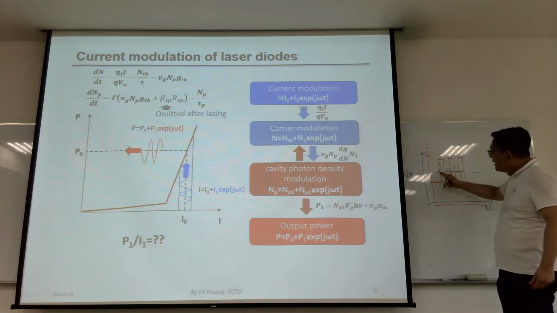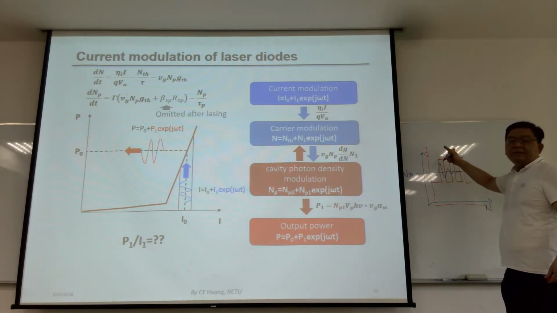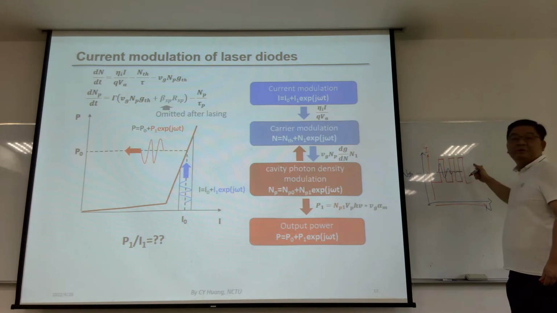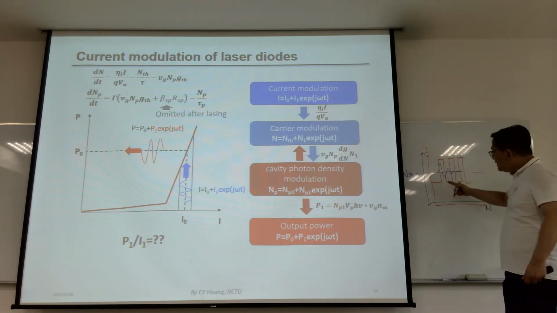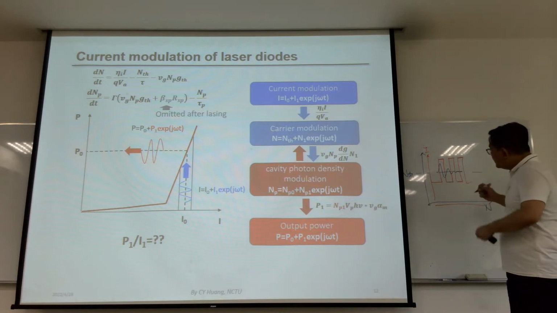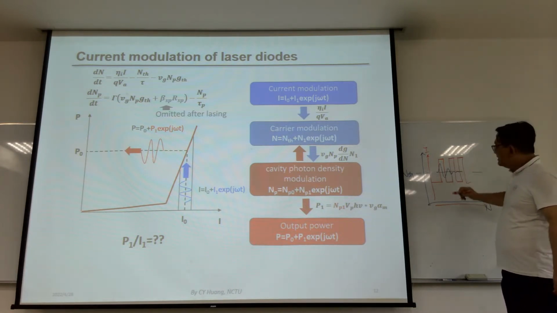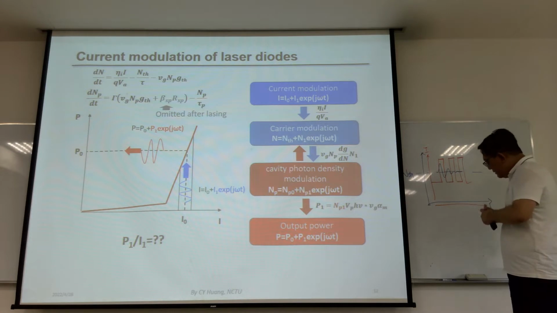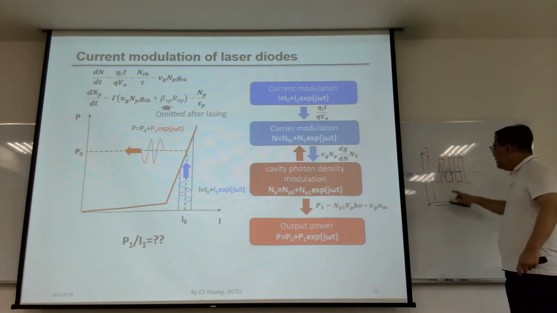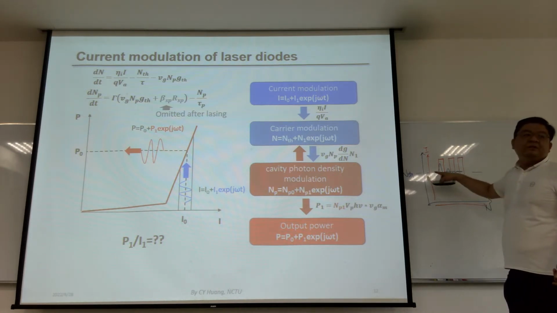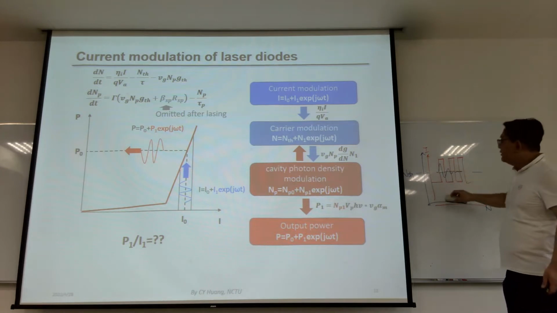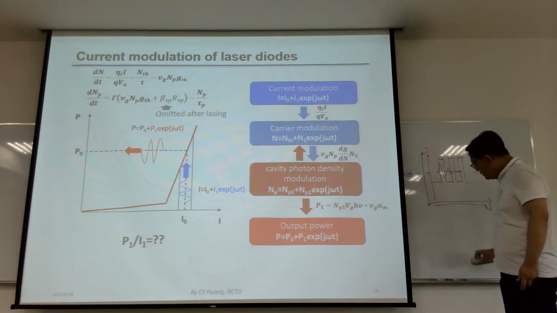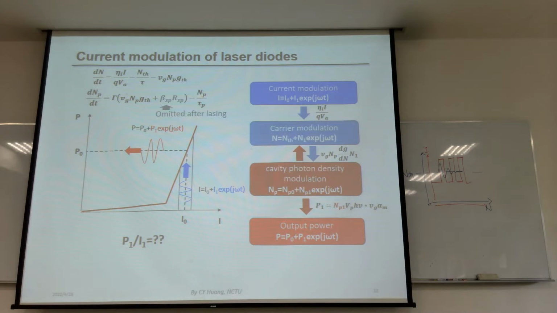So the carrier might turn on at the beginning, but after it reaches equilibrium, it's turned off. Then it goes on again. So in this case, the modulation might be forced due to a non-steady current input. So let me change the color.